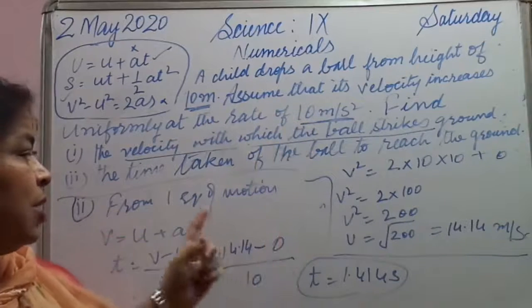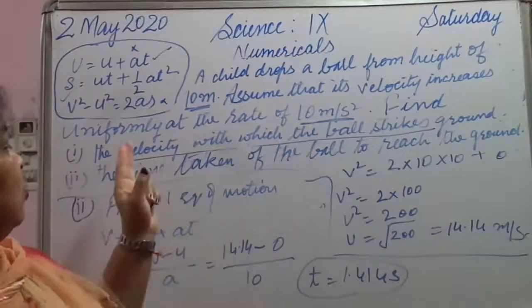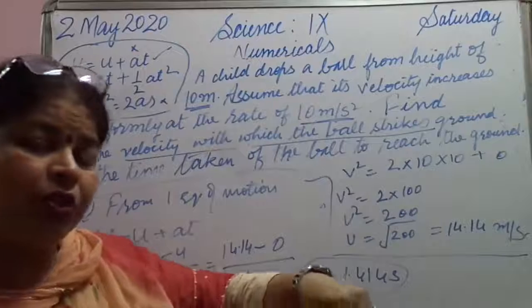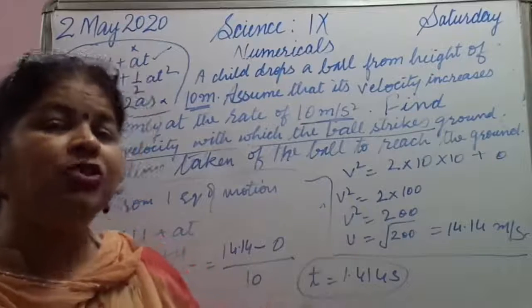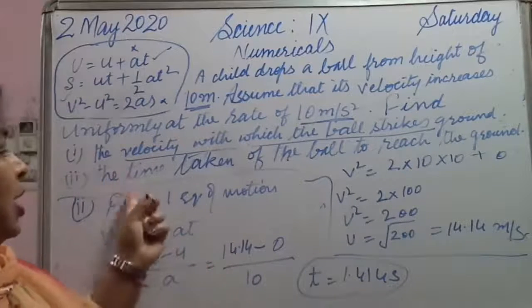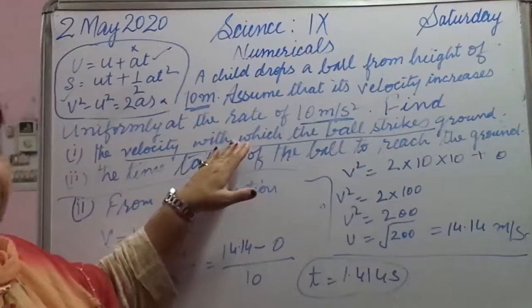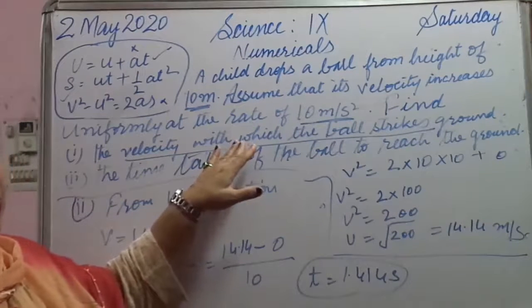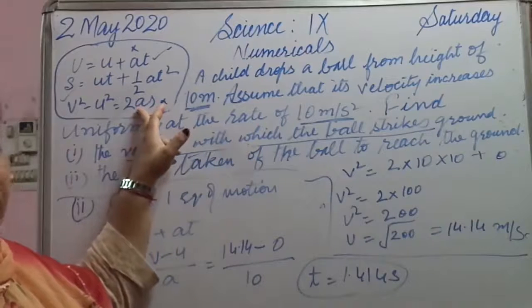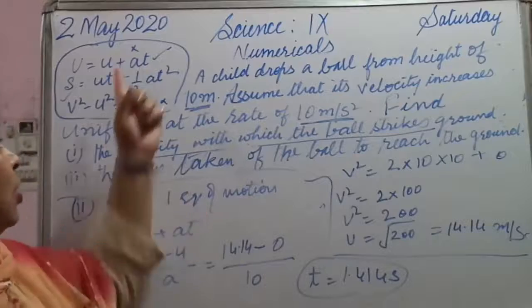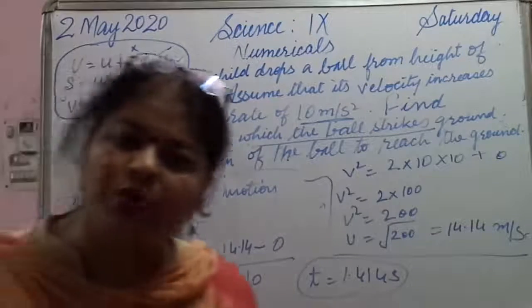So A is given, 10 meter per second square. Then you have to find out the final velocity with which the ball is reaching the ground. Then next is time taken. So to find V, we will take the third equation of motion, V square minus U square is equal to 2AS. And to find out T, we will use the first equation, V is equal to U plus AT.